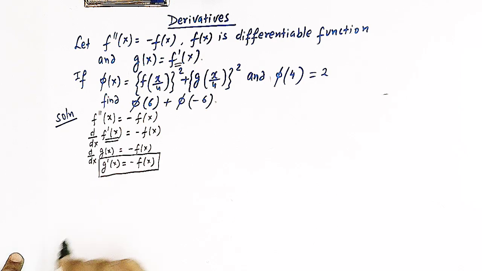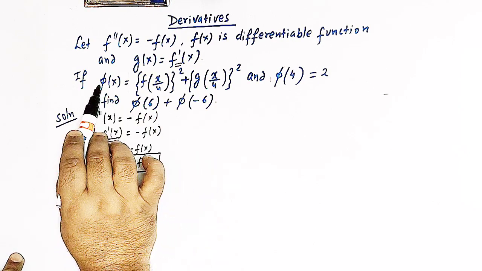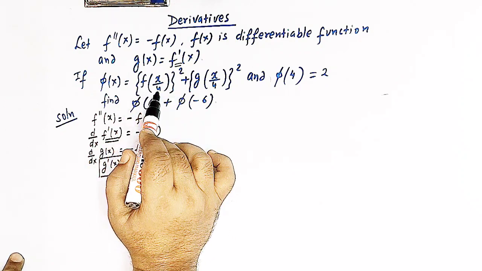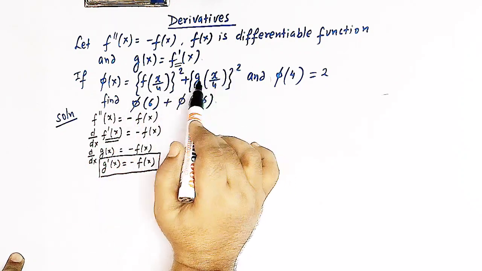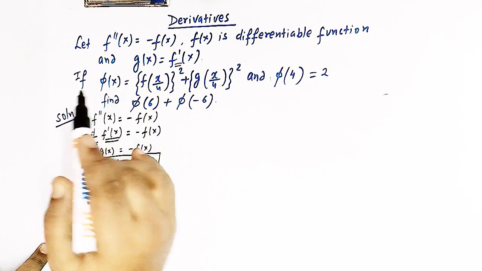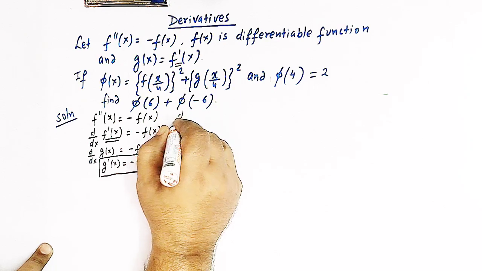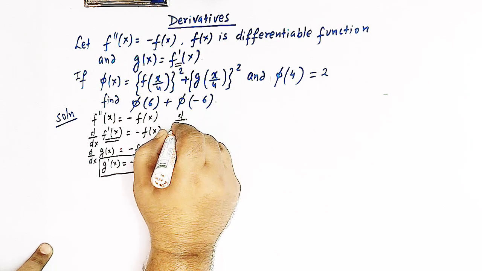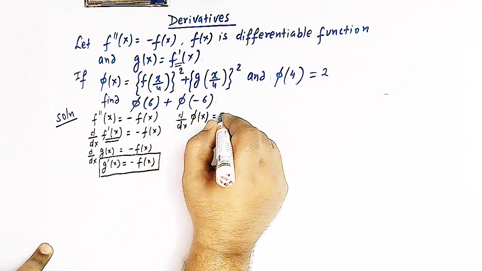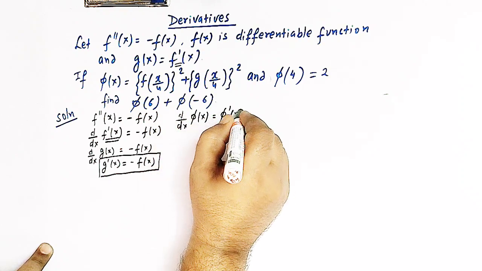Okay, so now we are given here phi of x is equal to square of f of x over 4 and square of g of x over 4. So let us differentiate phi of x with respect to x. So let us find d by dx of phi of x, which is phi prime of x, right?